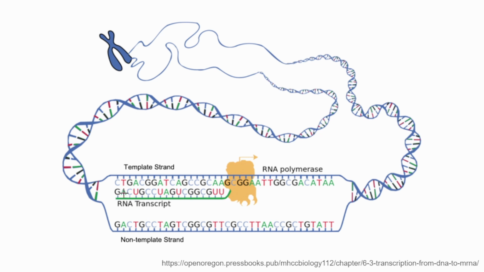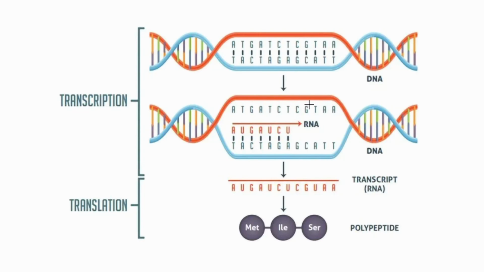So then we'll get this long stretch of RNA coming from the DNA. So just like this, here's the non-template strand, here's the template strand. And so you'll see the RNA that's created from the template strand actually matches the non-template strand. See? A A, T U, which again, U is just T but for RNA.